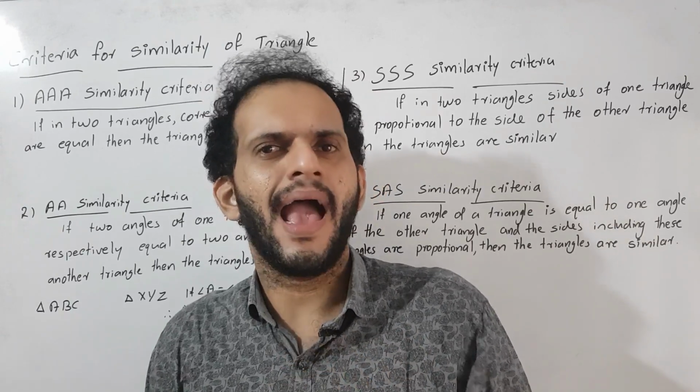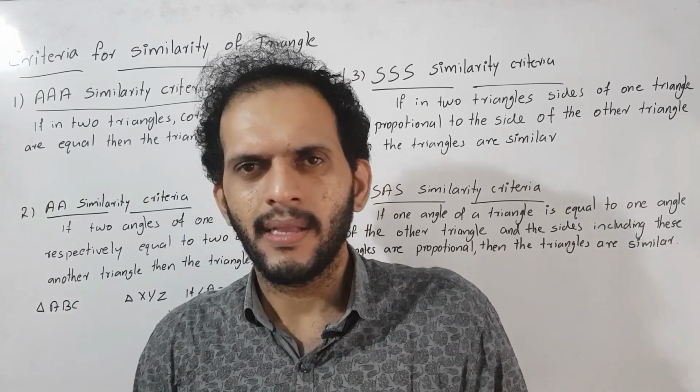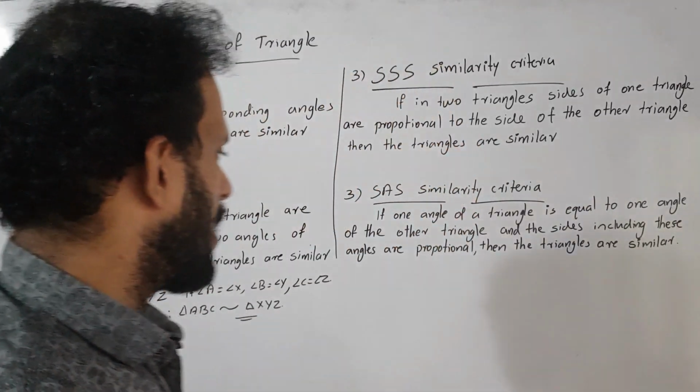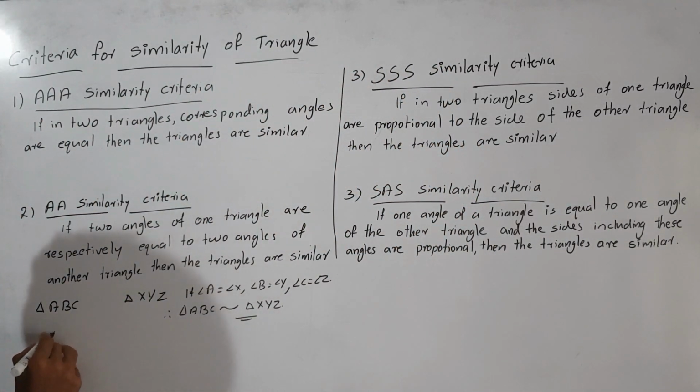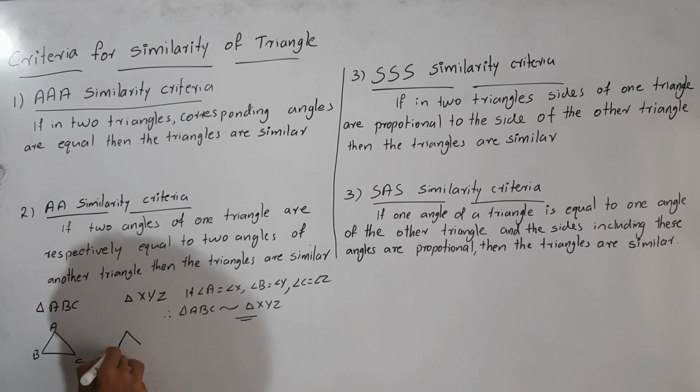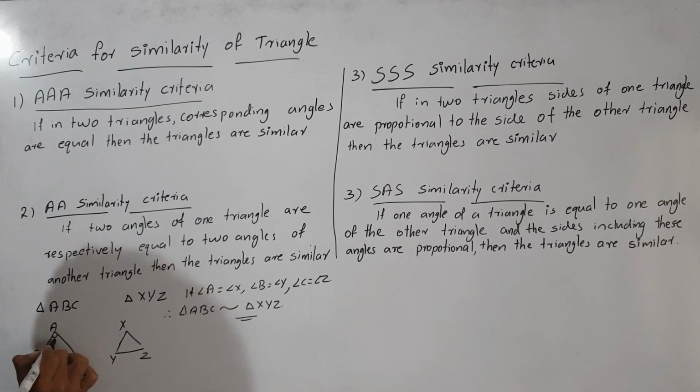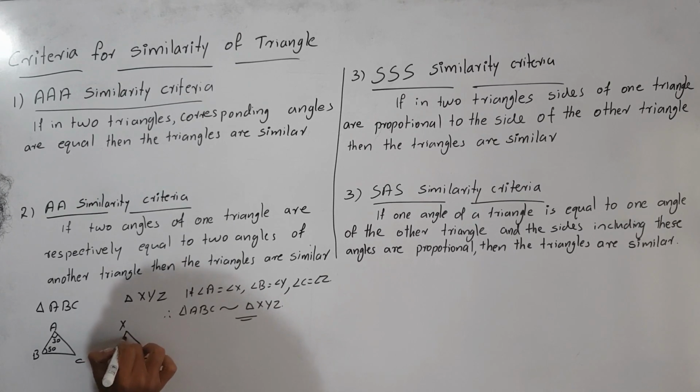That is the angle similarity criteria. That means in the case of triangle ABC and triangle XYZ, suppose angle A is equal to 30 degrees and angle B is equal to 50 degrees. Then angle X is equal to 30 and angle Y is equal to 50.